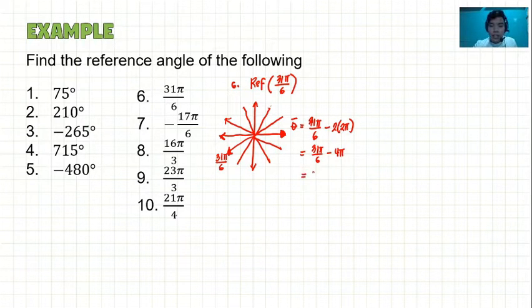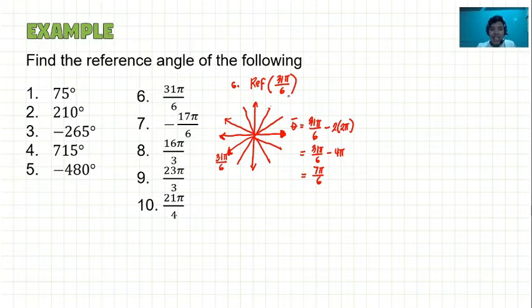And this is just equal to 31 pi minus 6 times 4 pi, that is 24 pi. So 31 pi minus 24 pi. So 31 minus 24, that is equal to 7, right? So 7 pi over 6. So our theta bar is just equal to 7 pi over 6.